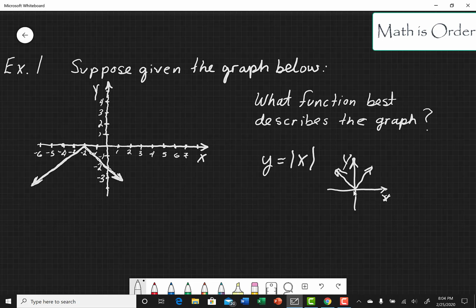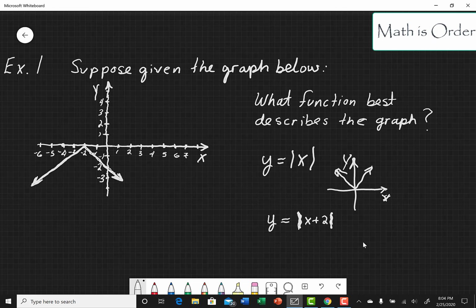Now, by shifting 2 units to the left, the graph would become y equal absolute value x plus 2. Right?